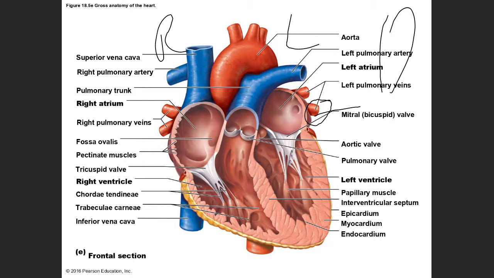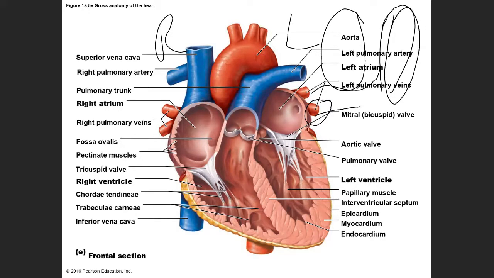So oxygenated blood returns from the lungs after the gas exchange that occurred in the lungs to the left side of the heart, specifically to the left atrium, via the left and right pulmonary veins. We have left and right lungs, right?